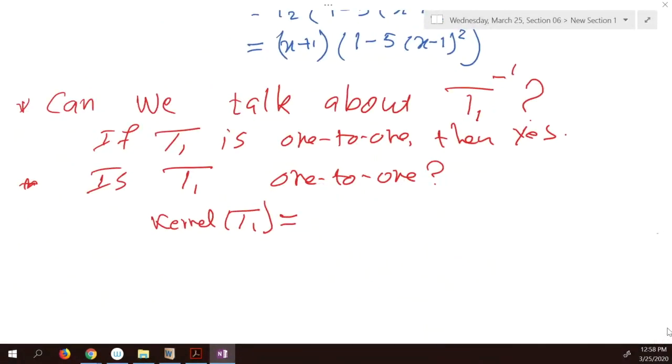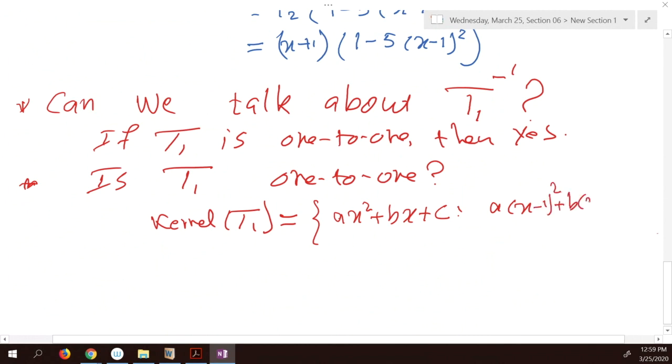All right. So what is the kernel? The kernel is going to be all polynomials of degree at most 2 such that a(x minus 1) squared plus b(x minus 1) plus c is 0. This is the kernel.